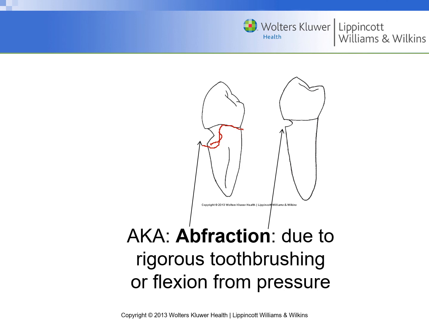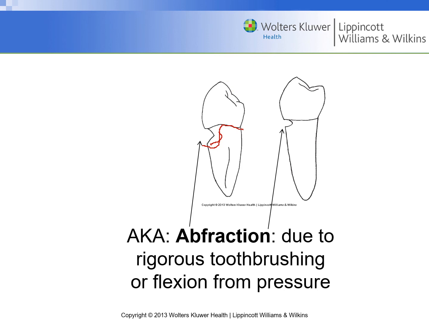Now, a lot of times this is due to a hard toothbrush and too hard a pressure when you are brushing, and year after year after year, it can make this kind of a notch that's called abfraction. It can also happen because maybe the tooth that is opposing this is supposed to fit in like this, and maybe it doesn't.